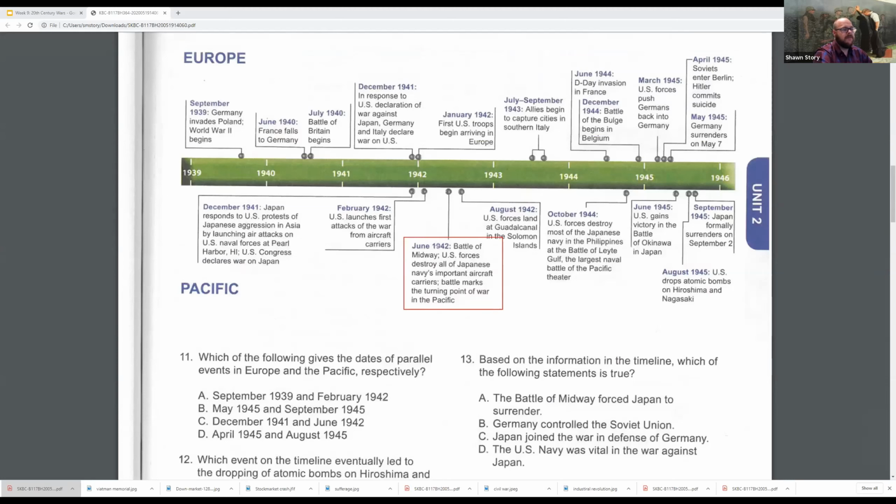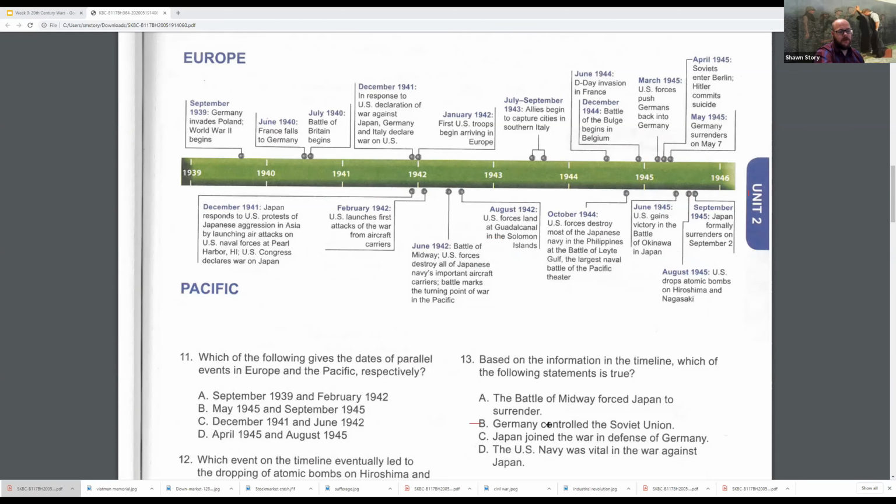See here? The Battle of Midway, US forces destroy all Japanese naval important aircraft. Did this force Japan to surrender? Well, 42, Japan didn't surrender until 1945. That's 3 years. Did this event cause them to surrender? I'd probably say no. That wouldn't be a good cause and effect. There's too much time between those two.